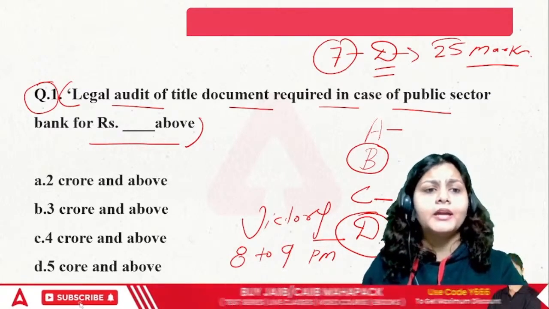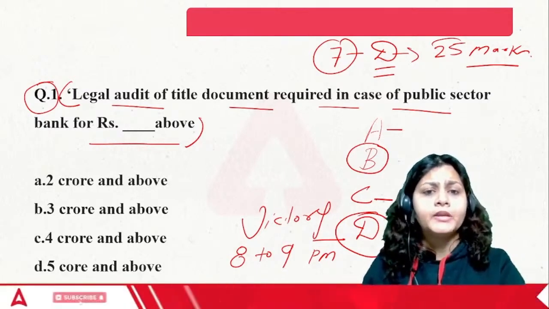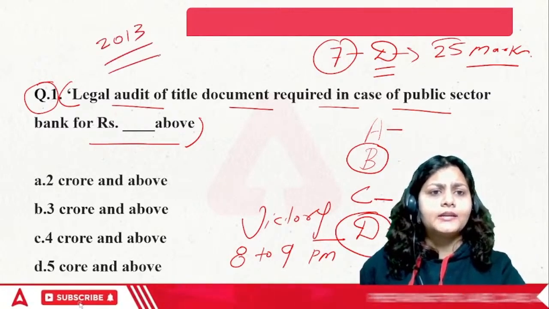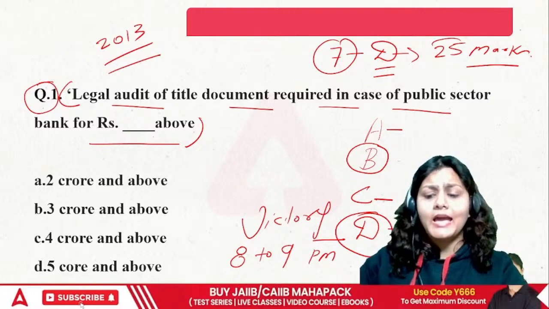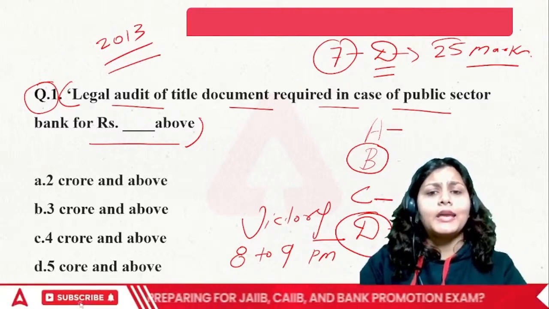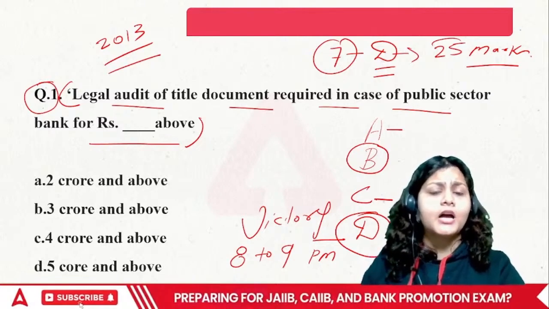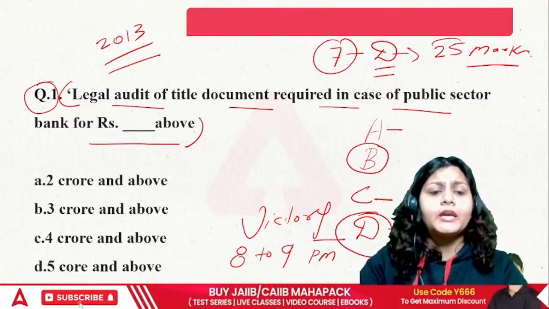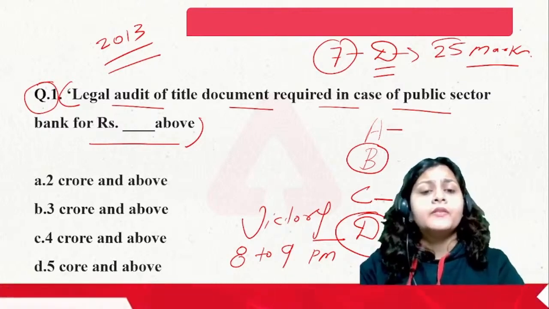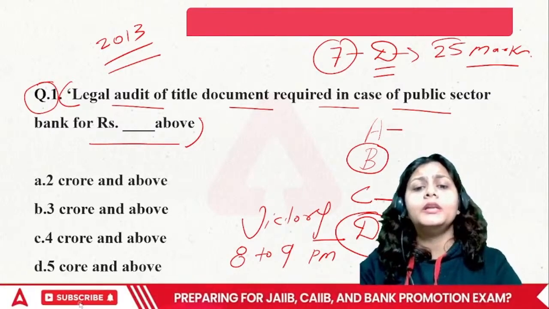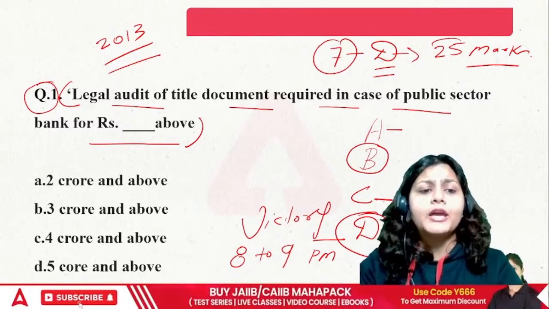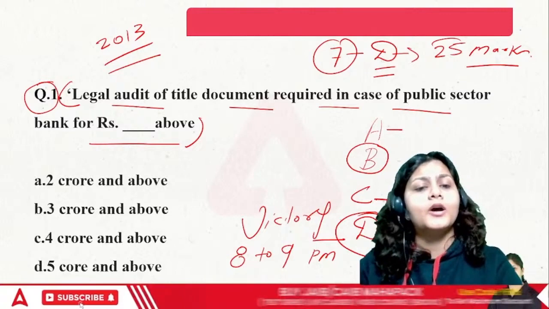RBI in 2013 issued a circular stating that for any loan above 5 crore, banks must do the legal audit of all loan accounts over 5 crore and above on a quarterly basis.